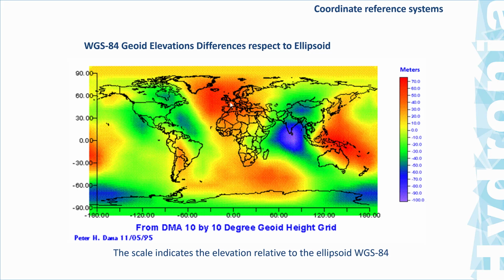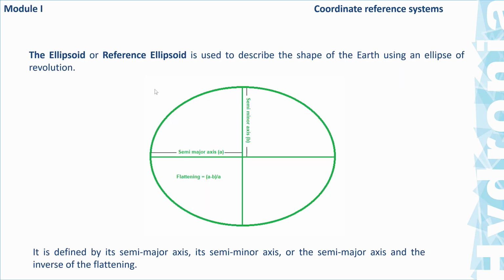You see some areas here where the geoid is between 50 and 70 meters above the ellipsoid, and some areas where we have the opposite, where the geoid is lower than the ellipsoid that represents that surface mathematically. And we do that in this WGS 84, which is a kind of standard to represent the elevations on the Earth's surface.